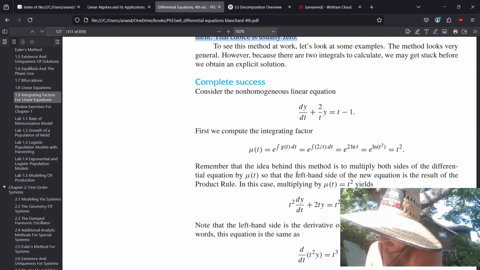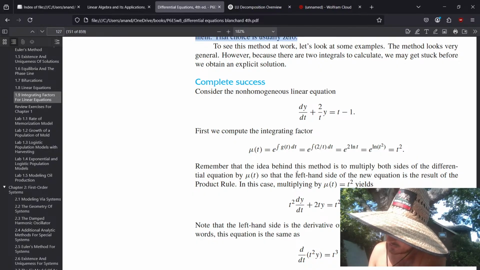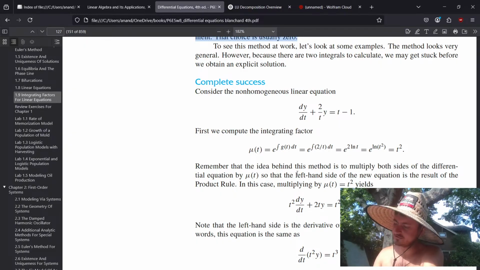So that means that we're going to get 1 du over u is equal to g dt, which is equal to u of t is exp of 2 ln of t, because the integral of 2 over t is 2 ln t.